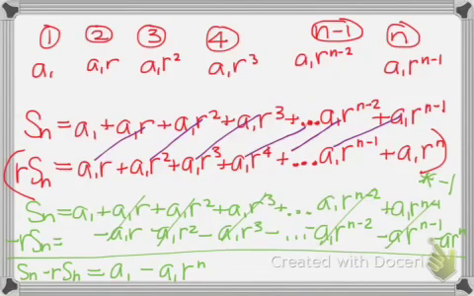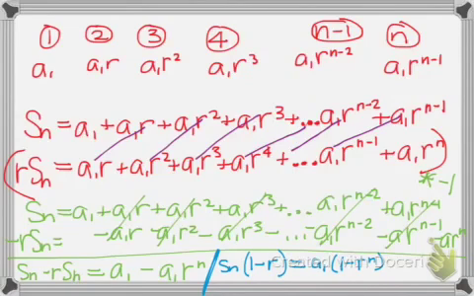Hopefully that made sense. So now we're just going to simplify this a little bit, and we're going to pull out an s sub n on the left side. When we pull out s sub n on the left side, we get 1 minus r. Then on the right side, we can pull out an a sub 1. So when we pull out a sub 1, we get 1 minus r to the n.